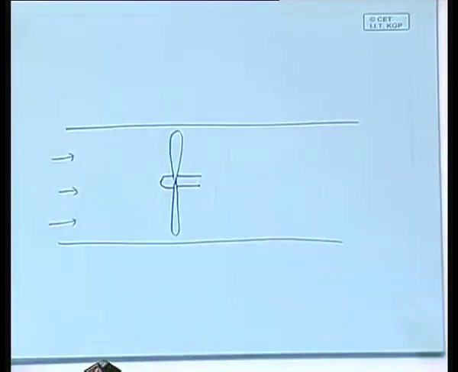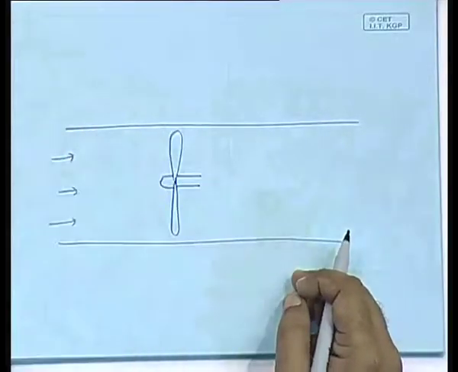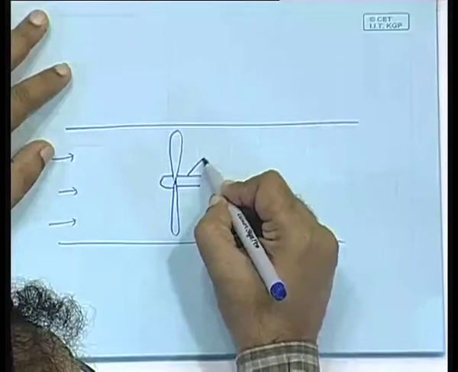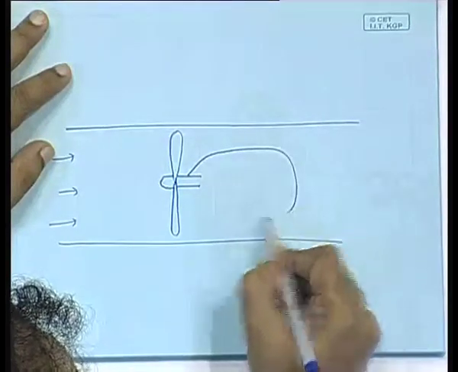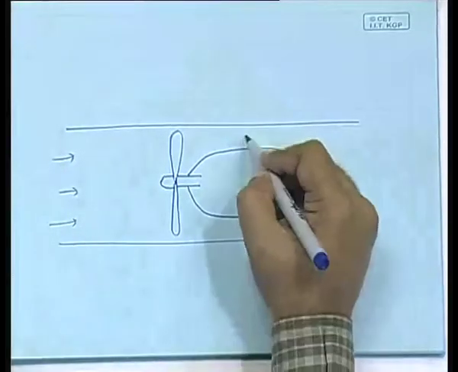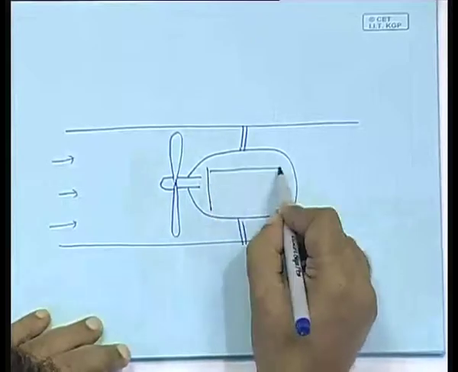But then where to place the generator? The generator has to be placed on the same shaft, which will be inside the water. So, one creates a bulb-like structure in which the generator is placed.